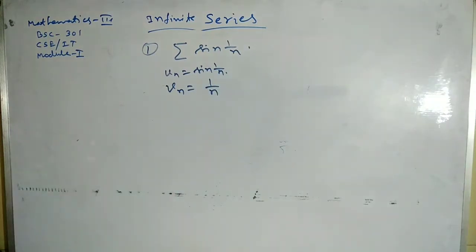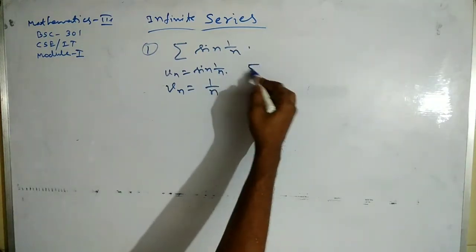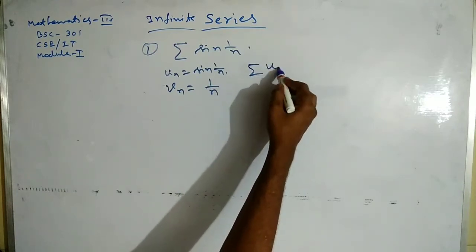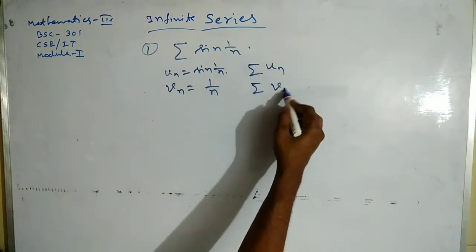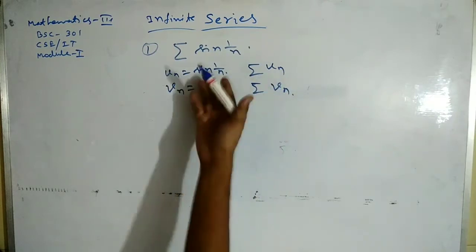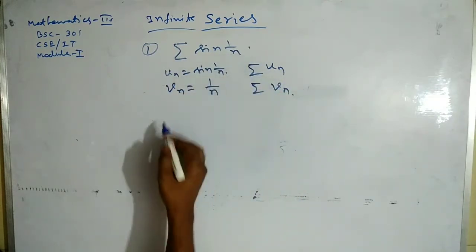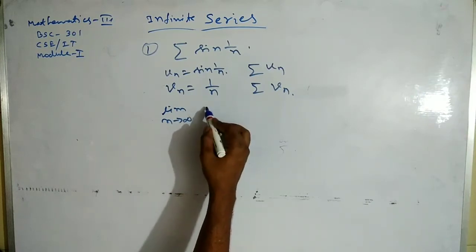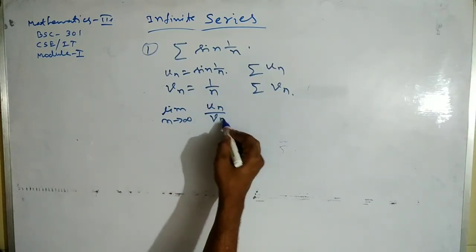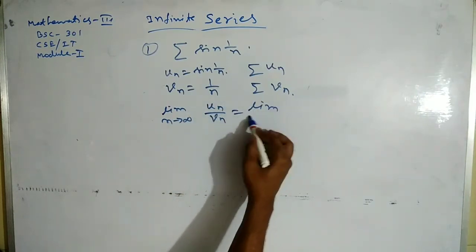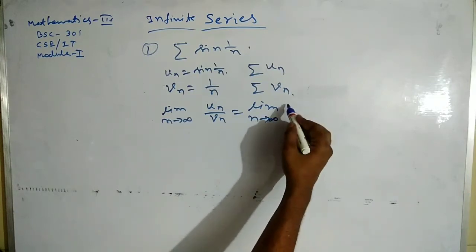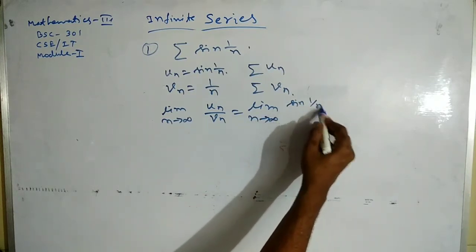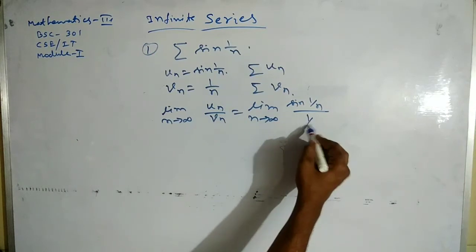According to the statement of the comparison test, if we have two series, summation un and summation vn, where un equals sine 1 by n and vn equals 1 by n, then we have to check limit n tends to infinity un by vn. That is, limit n tends to infinity of sine 1 by n divided by 1 by n.